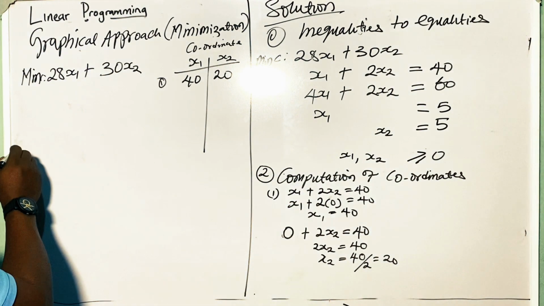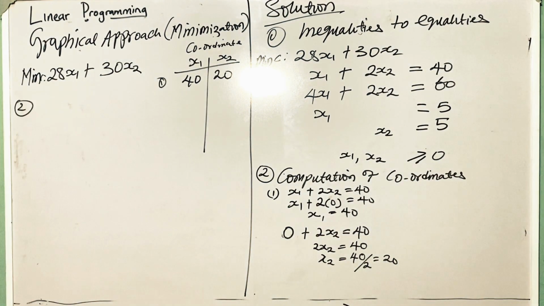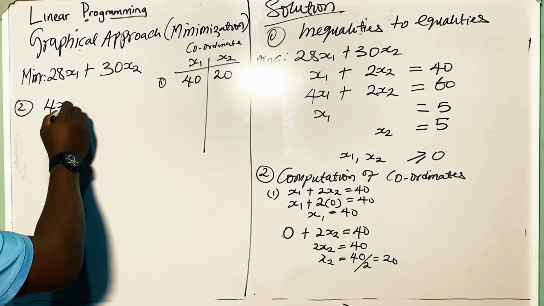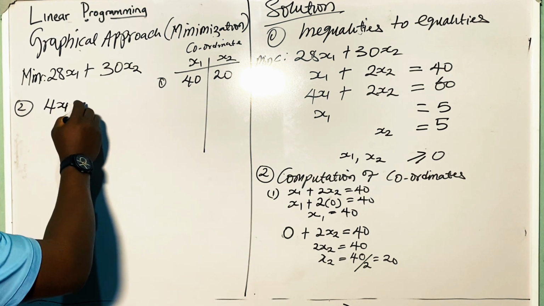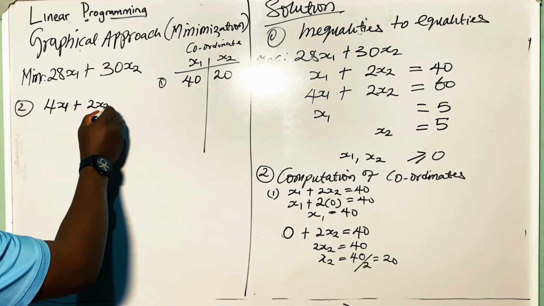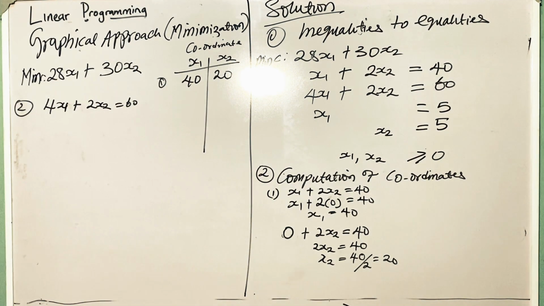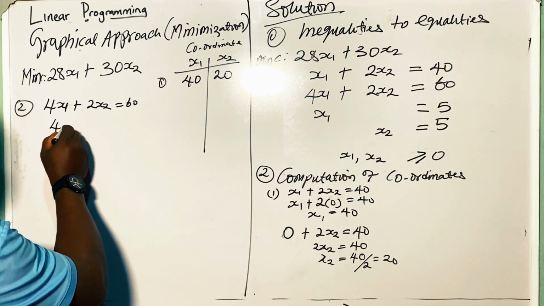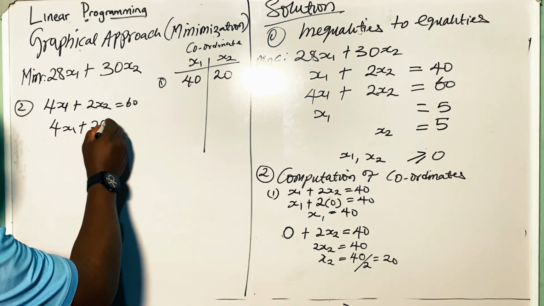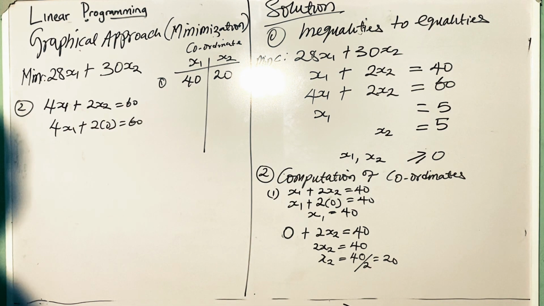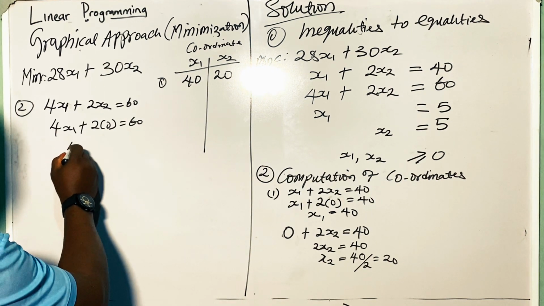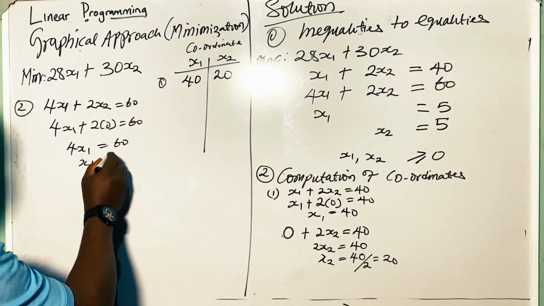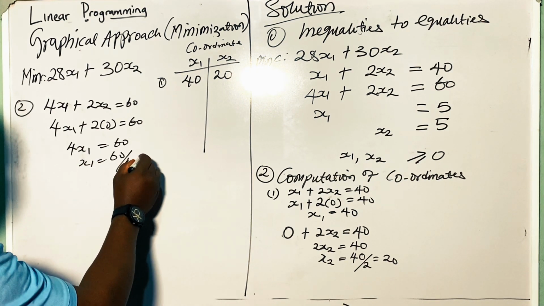We have the second one here, which is 4x1 plus 2x2 equal to 60. If I hold x2 at 0, I have that 4x1 plus 2 by 0 is equal to 60. So 4x1 is equal to 60 and x1 is equal to 60 by 4, which is 15.